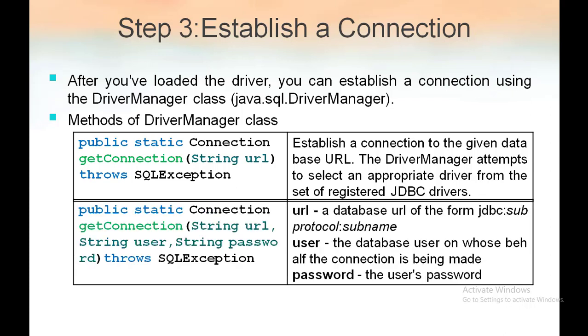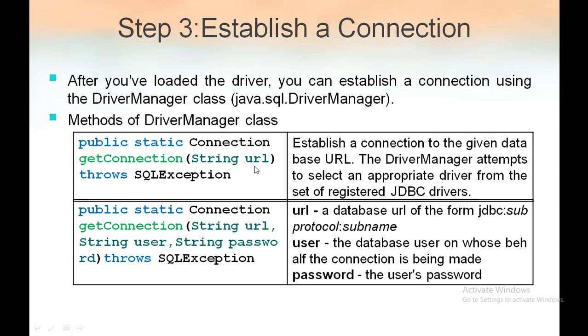First is public static Connection getConnection(String URL) throws SQLException. If any problem is there in this method, this exception will be handled by SQLException class.